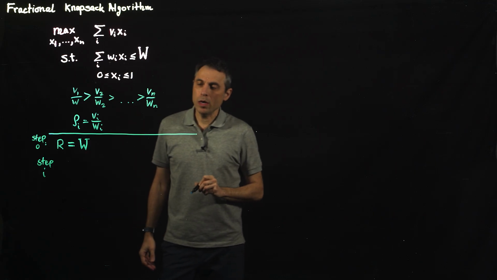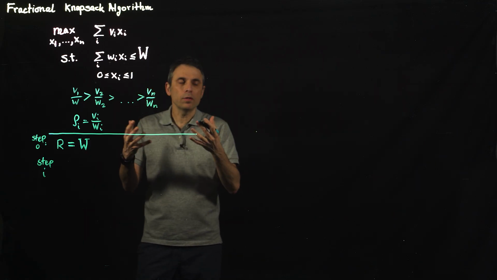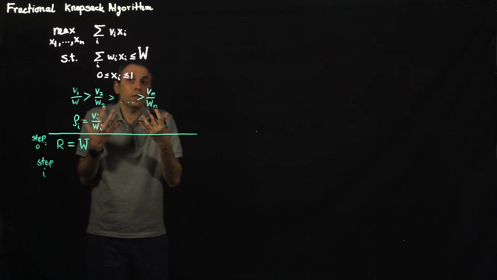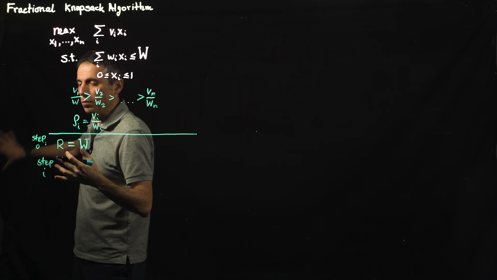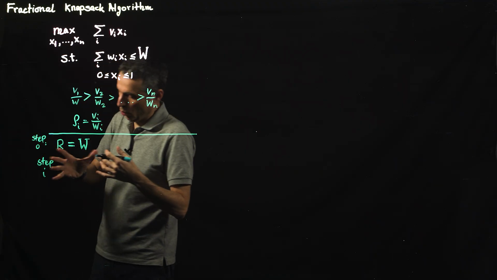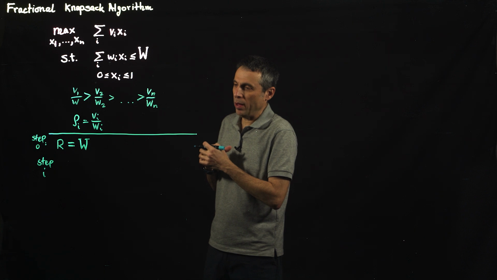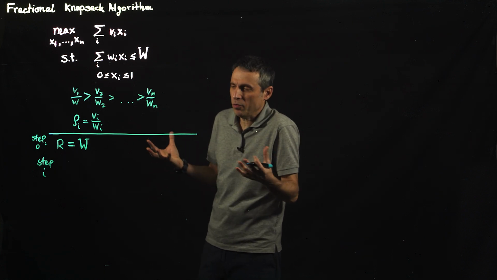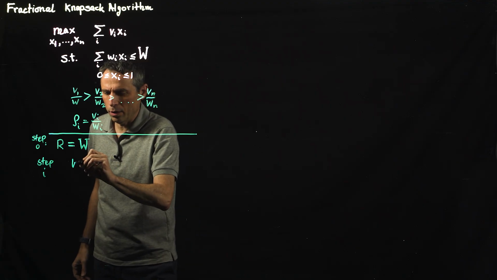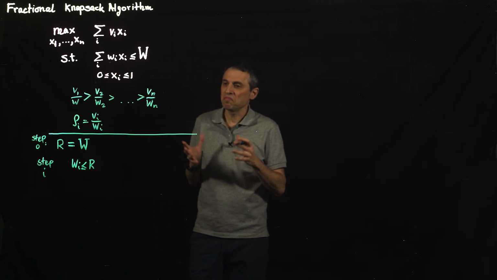We look at the weight of the current item. We already put items 1 to i minus 1 inside our pack, so we are at i. Should we add it to the sack? Should we not, or part of it? We are asking: is Wi less than or equal to R?